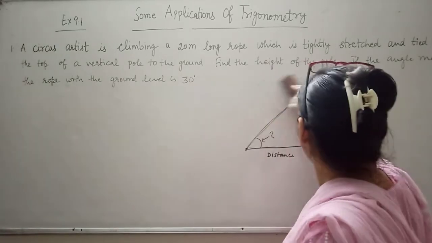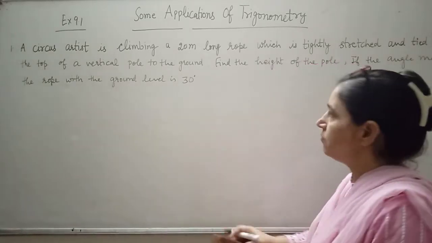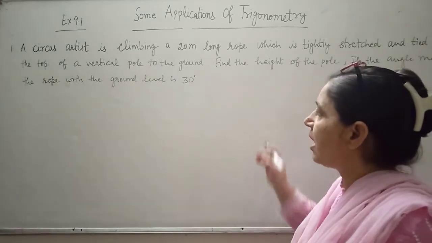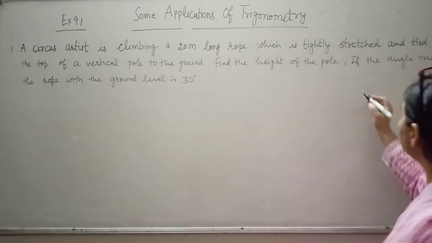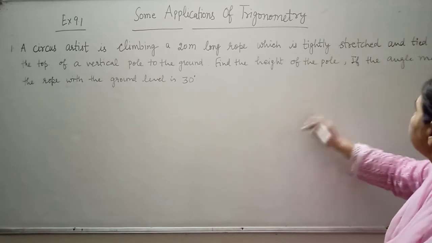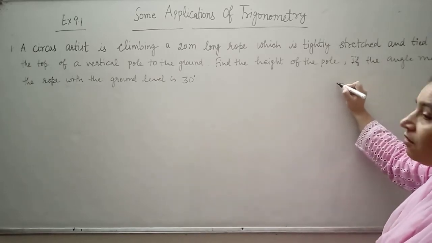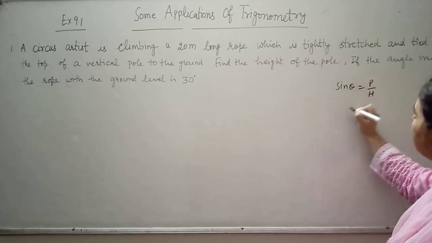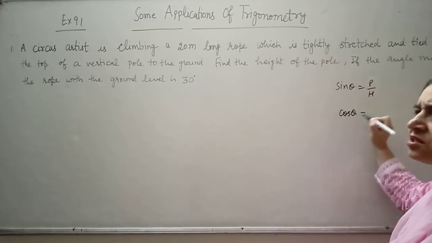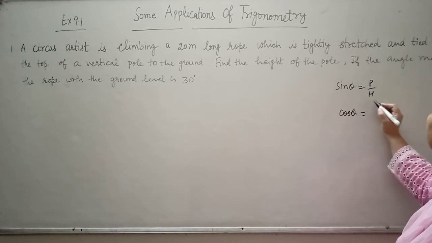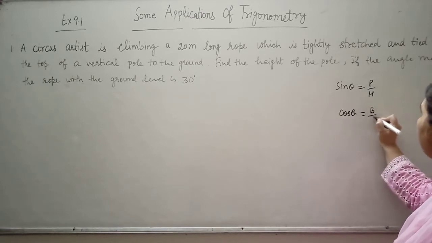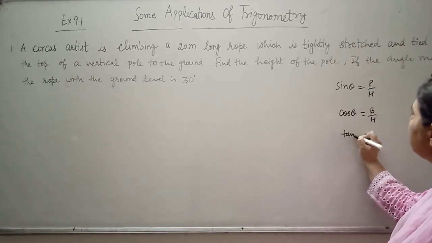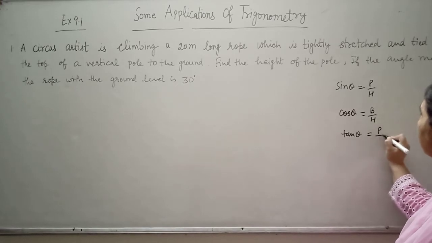Okay? So to solve problems related to height and distance, we need to know the trigonometric ratios. Sin theta is perpendicular upon hypotenuse, cos theta is base upon hypotenuse, and tan theta is perpendicular upon base.